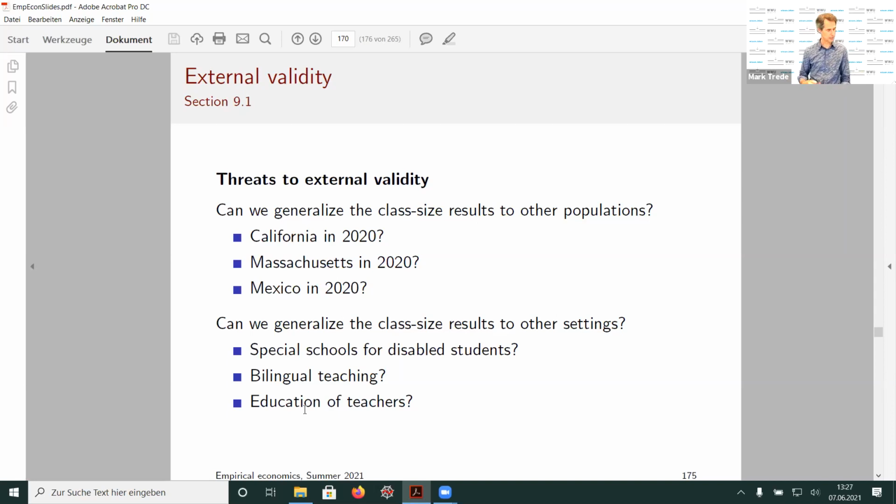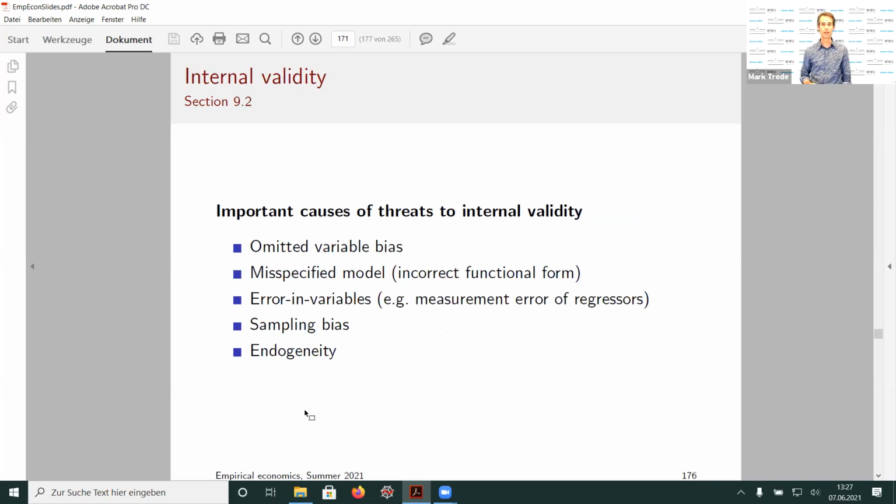So just keep that in mind. It's a very helpful tool for thinking about econometric studies. Okay, so if we don't talk much about external validity, because it's not methodological, we will talk much more about internal validity. And actually, everything that we do in this semester is about internal validity.